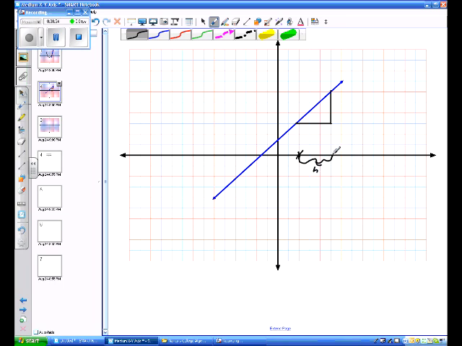So this point right here then is actually x plus h. Now those are our x values. Our y values, remember, is the same as our f of x. So our y value at this point is f of x. Our y value at this point is f of x plus h.